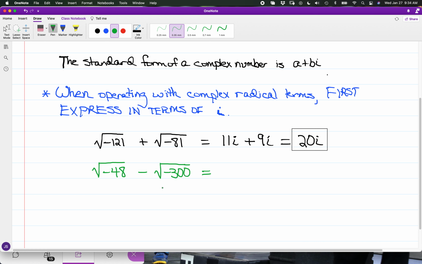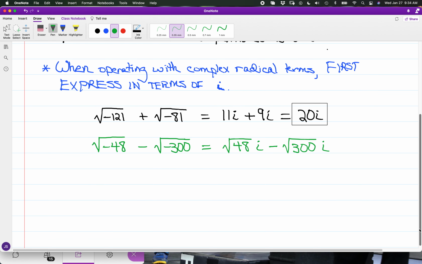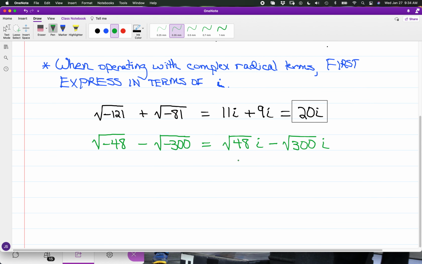If I were to express what I have in terms of the letter i, I have the square root of 48 i, minus the square root of 300 i. Upon first glance, these do not look like like radical terms in the complex domain.